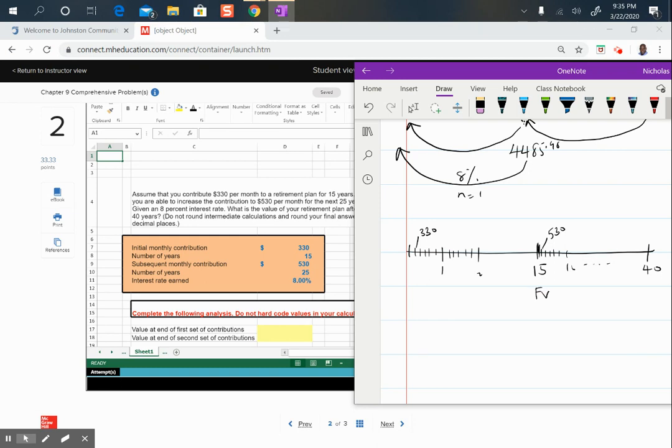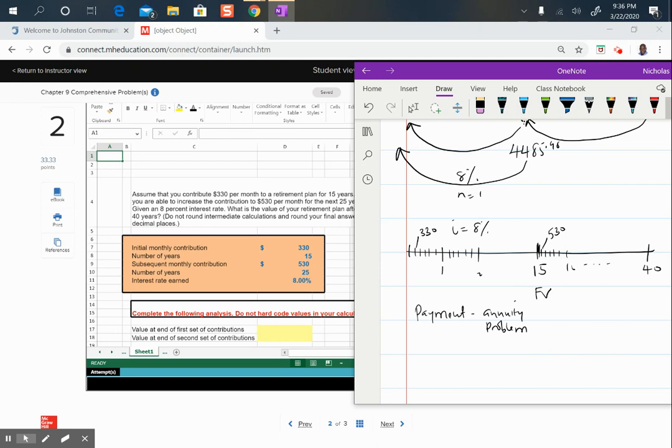So what will be the future value of these payments? Remember, these payments represent an annuity problem because you're making a set of the same payment all the time. So for the first set of contributions, the 330 each month for 15 years at a rate of 8%, in this case our rate is 8%, and this is 8% per year.